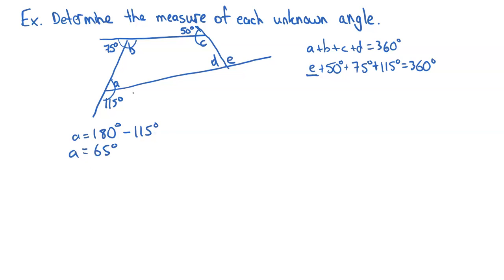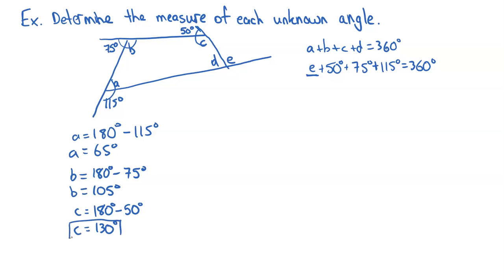Right? That's the supplementary principle. The other thing we know is that B is going to be then 180 minus 75 for the same reason. So it's 105 degrees for B. And we know that C is 180 minus 50, which is 130 degrees.